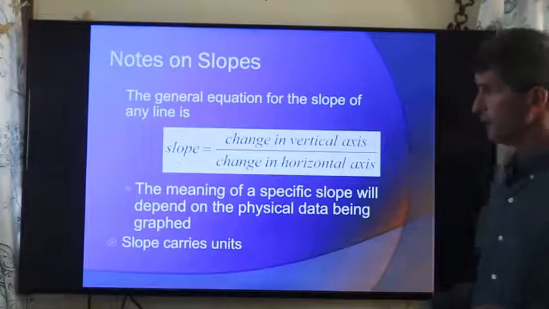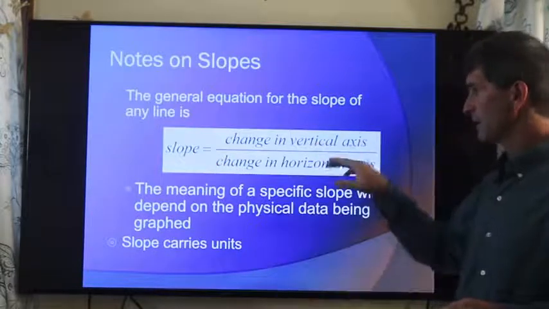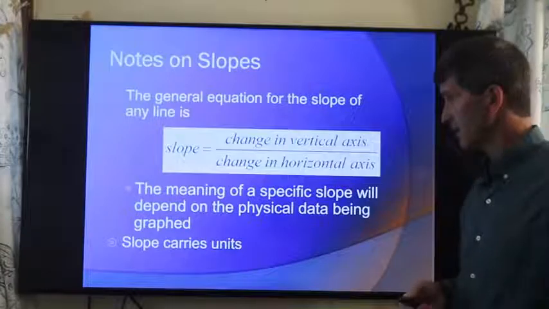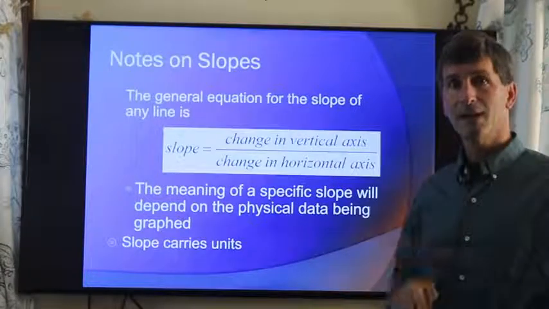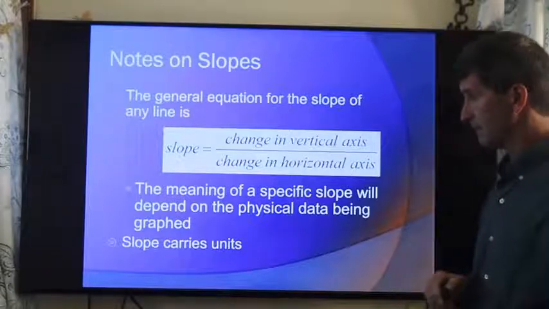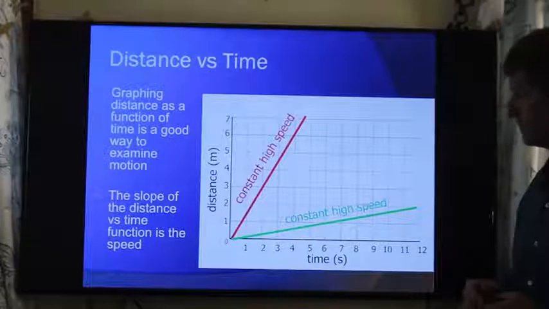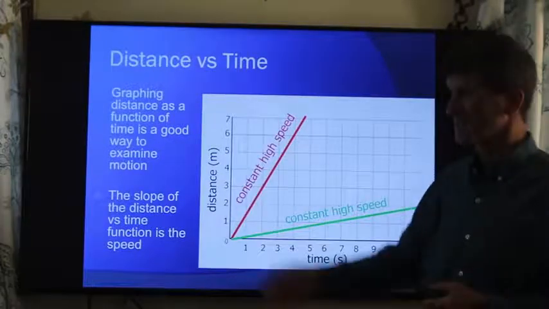When we graph, we should understand that the slope of the graph, the change in the vertical axis divided by the change in the horizontal axis, will give us velocity when graphing displacement as a function of time. Now, again, I say distance.